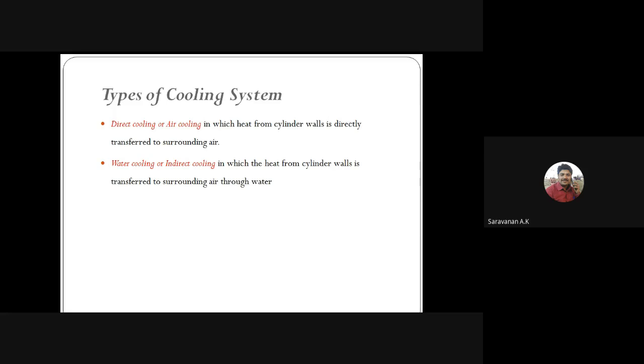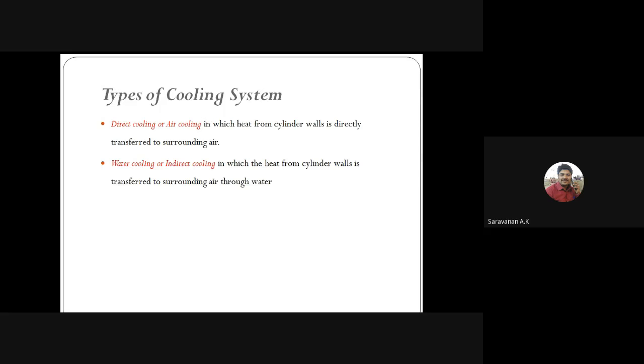That heat has to be transferred from the cylinder walls of the engine into the surrounding atmosphere. That is the purpose of the cooling system.